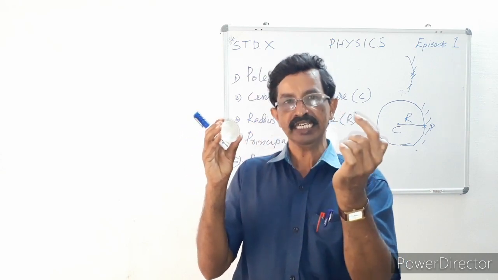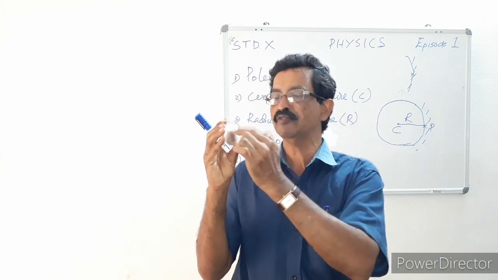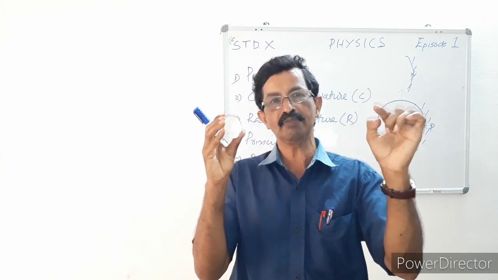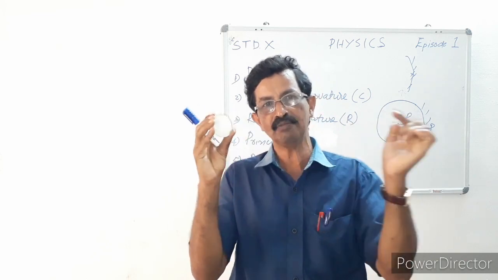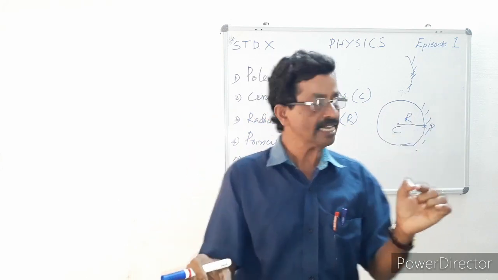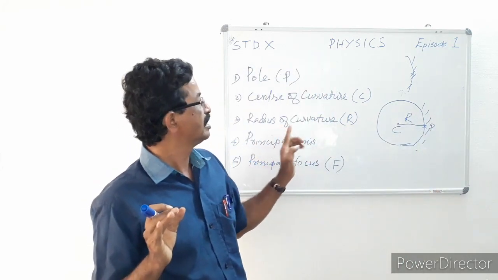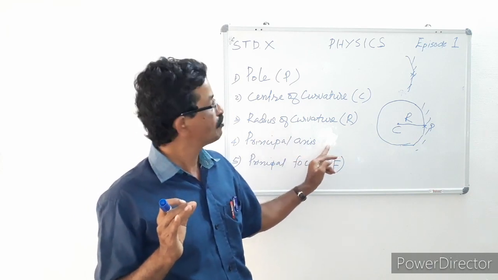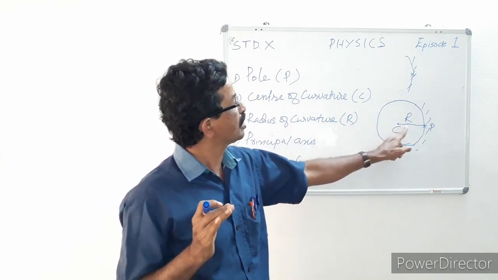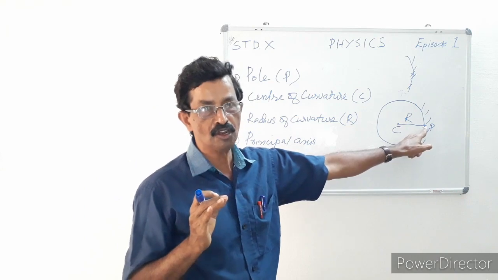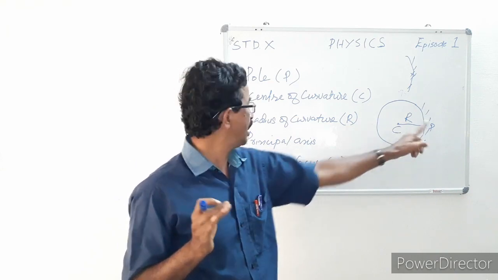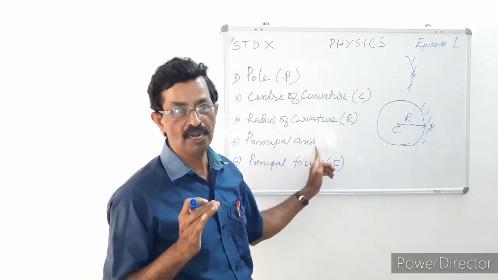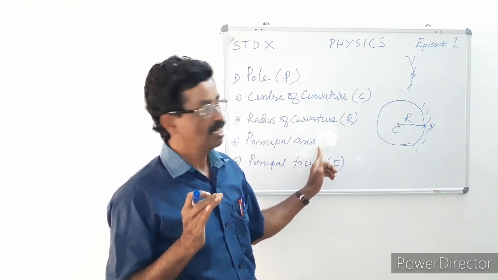From here to here, we can draw an imaginary line. That imaginary line is the principal axis. From the center of curvature to the pole, we draw an imaginary line, and that imaginary line is the principal axis.